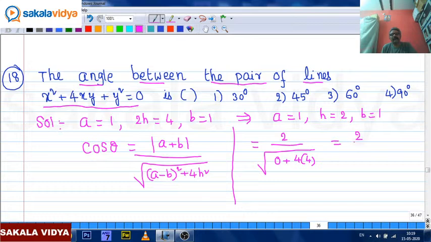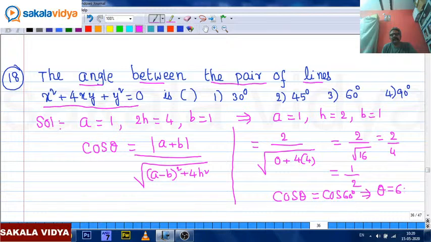This will be 2 by root 16, 2 by 4, equal to 1 by 2. That means cos theta equals cos 60 degrees, pi by 3. Therefore, theta is equal to 60 degrees. Third option is the right option.